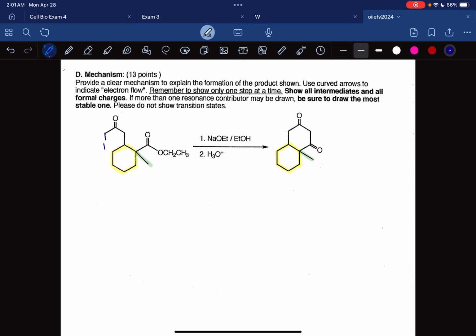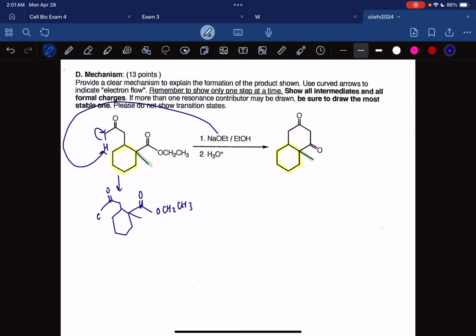So let's draw in the invisible hydrogen, and NaOEt is going to deprotonate this, and it's going to make a carbanion. So let's draw that intermediate. And this is C minus now.